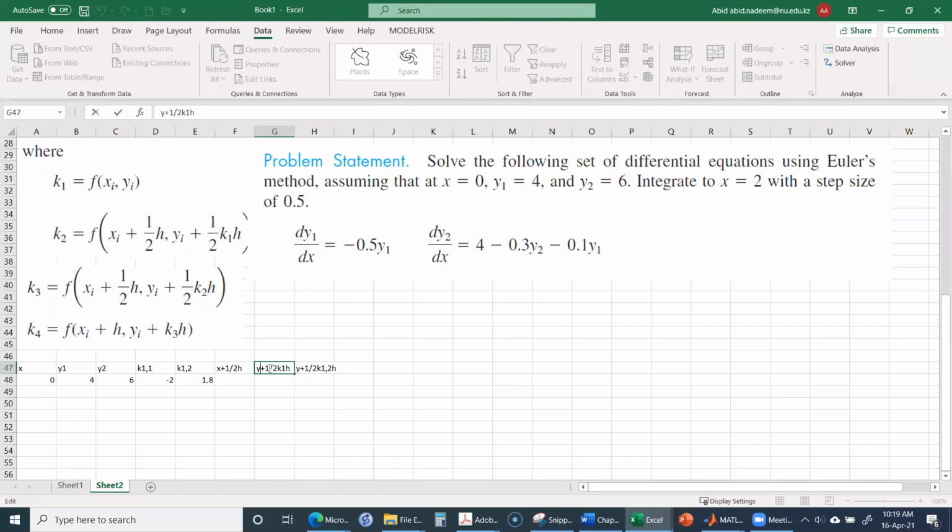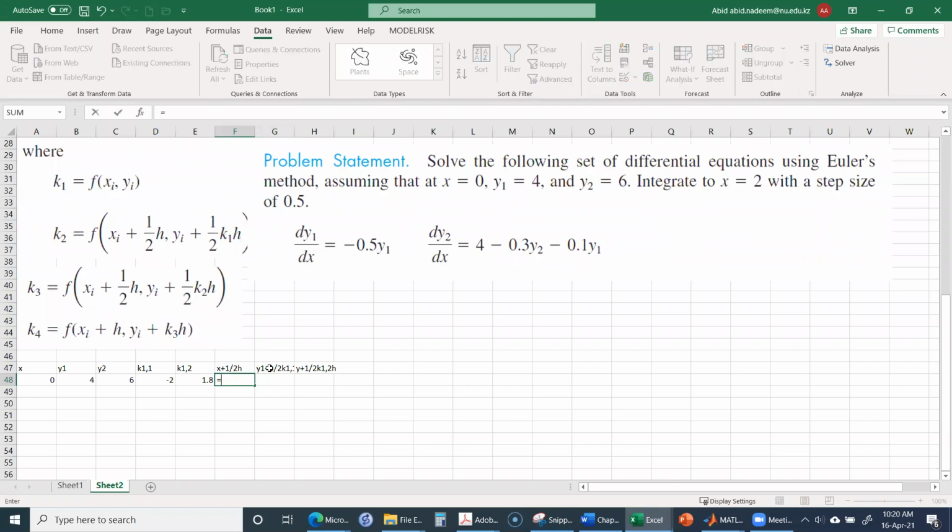That is, we can say it as y1 plus k1 of the first equation times h. It means that in the case of one equation we found it for that equation, so in the case of two equations, we will find it respectively for those equations.